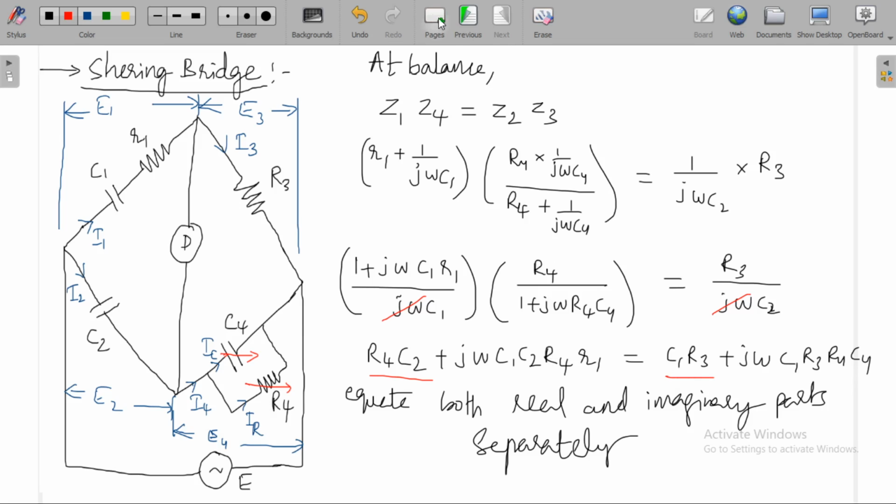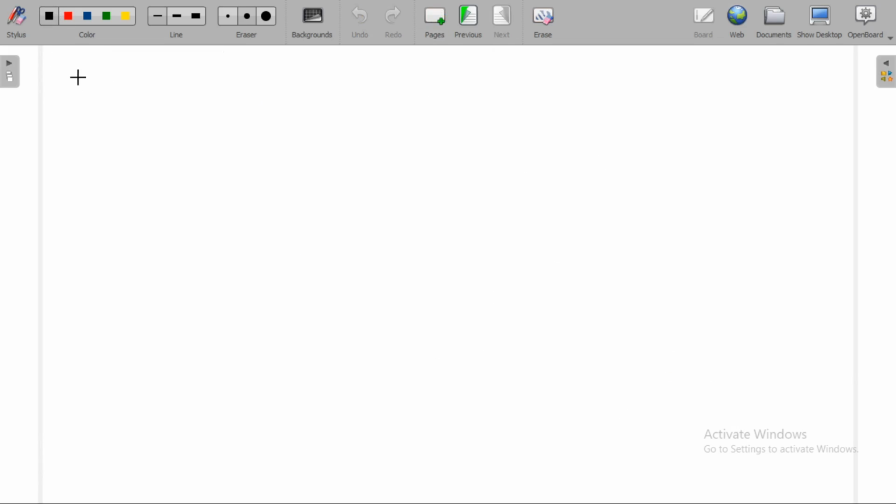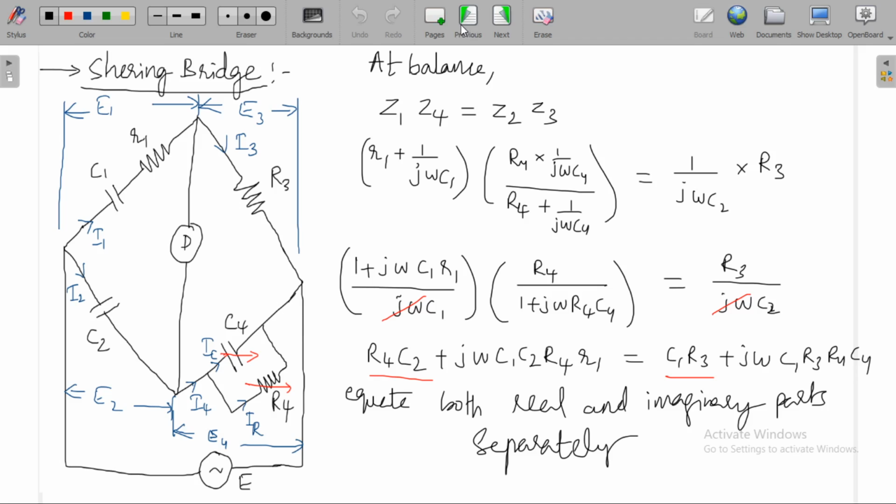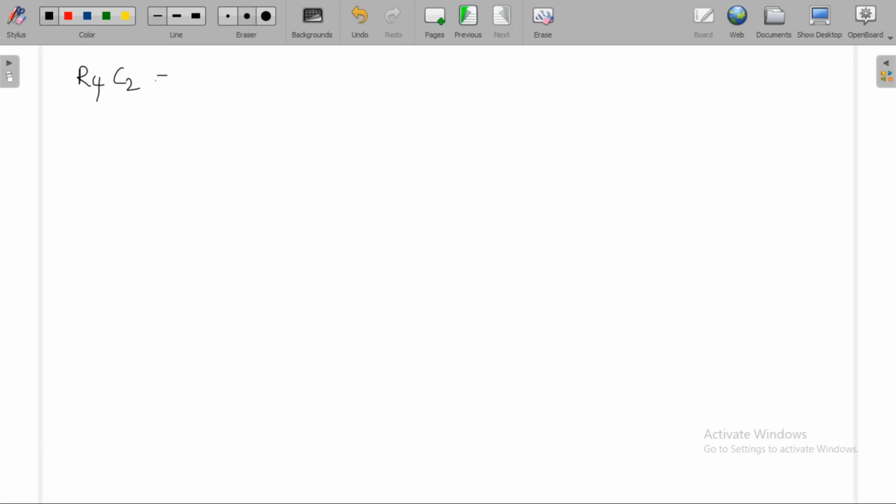So R4 C2 is equal to C1 R3. From this, C1 is equal to R4 by R3 into C2.